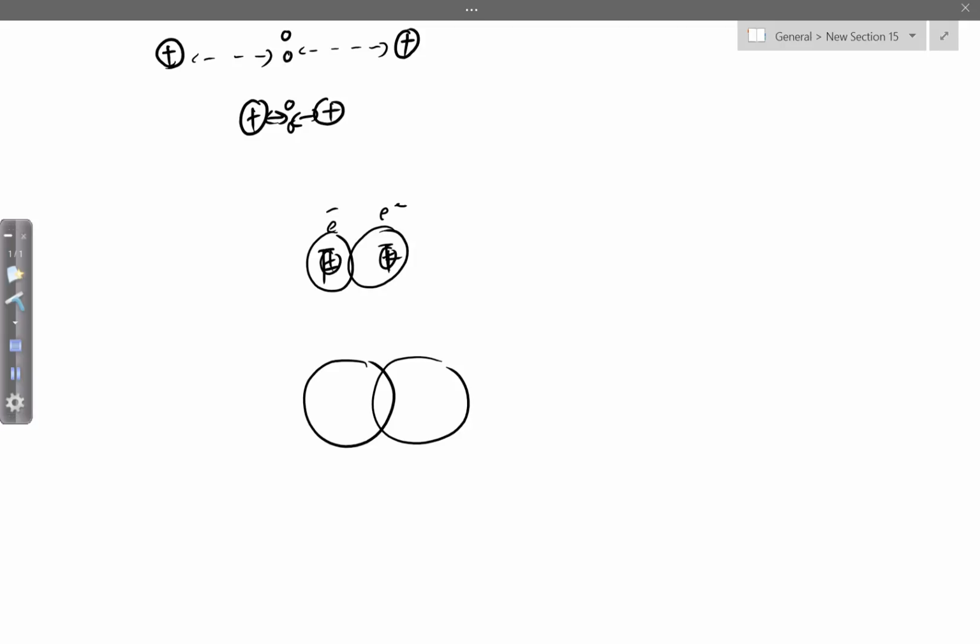So next, the last one, OO versus CC. OO and CC are here.